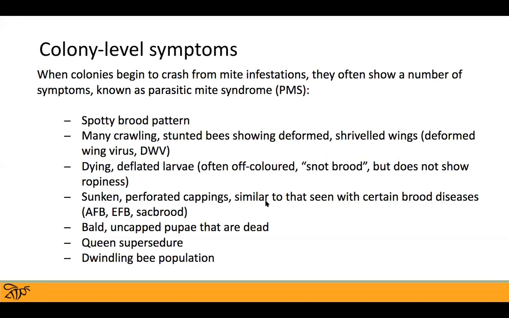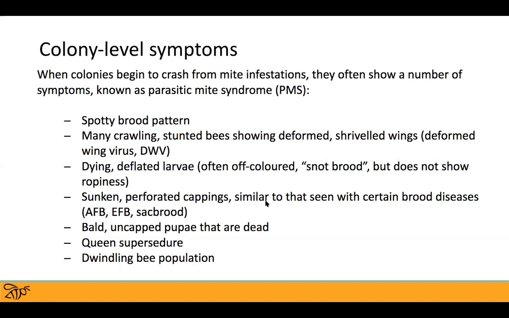Another symptom that you can see is dying or deflated larvae. This can look really similar to a brood disease called European foul brood, but in this case, it's not caused by a pathogen. It's caused by the fact that there aren't enough worker bees to take care of the brood that's left. Larvae are really, really dependent on worker bees or nurse bees to take care of them.